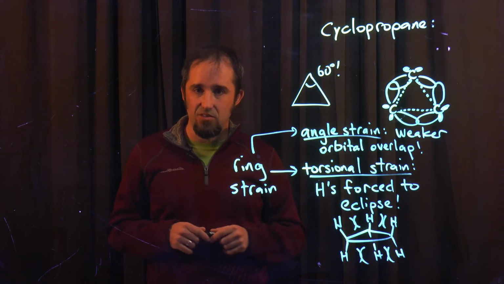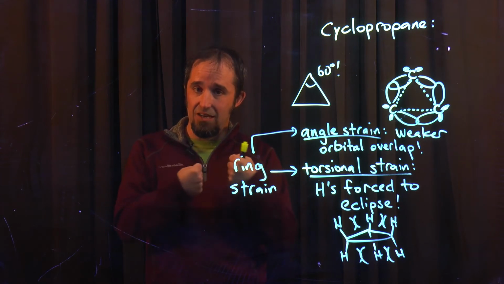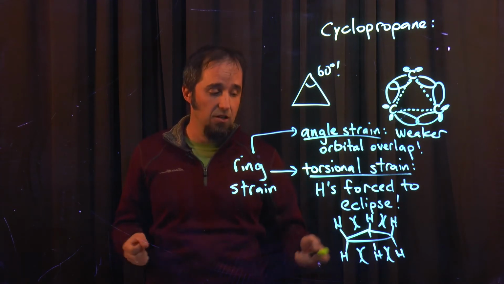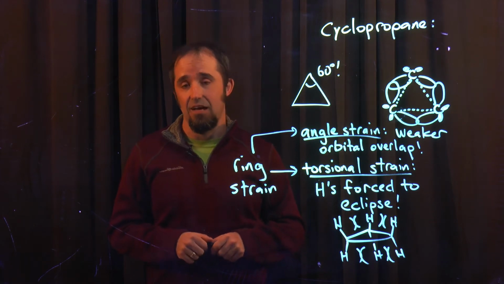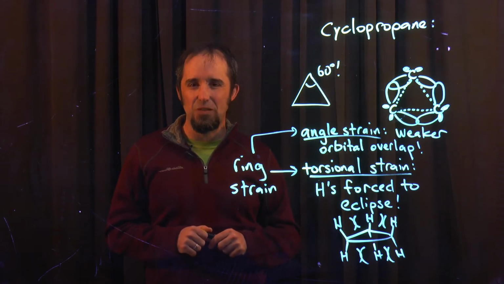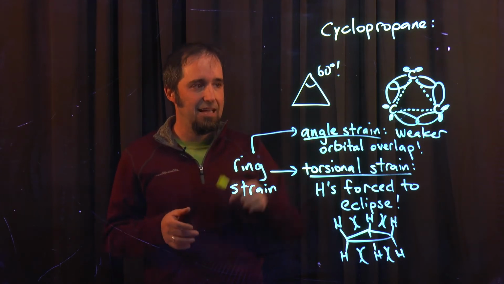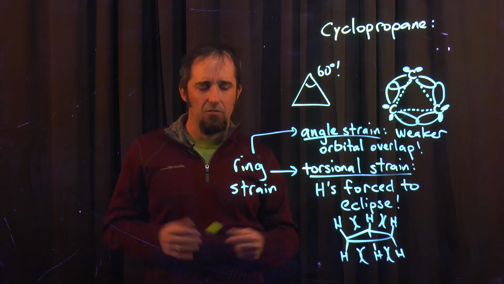And that's going to, again, raise the potential energy due to electron-electron repulsion between those hydrogens. So again, if you are asked on homework, on a test, by a passerby on the street, why is cyclopropane so high in energy? You'd say, it's ring strain. Well, what is ring strain?